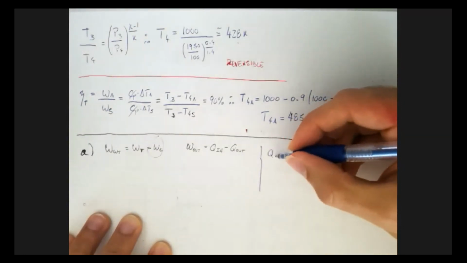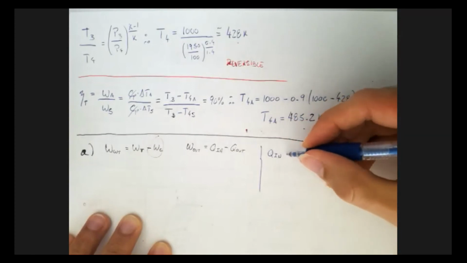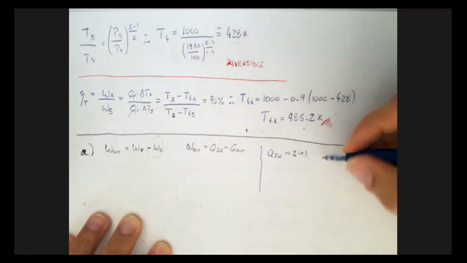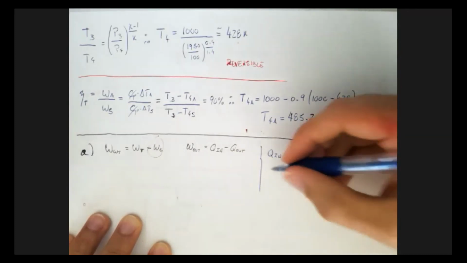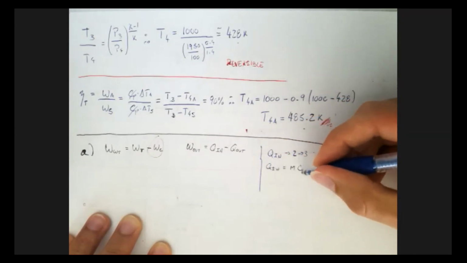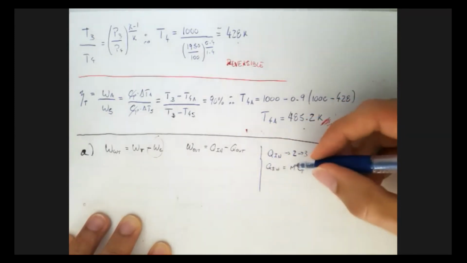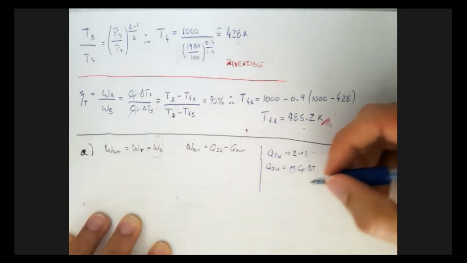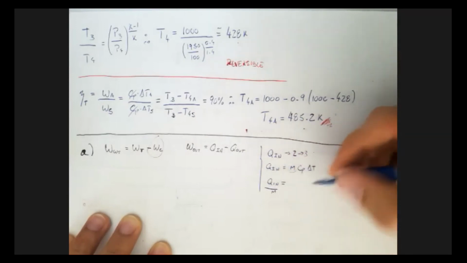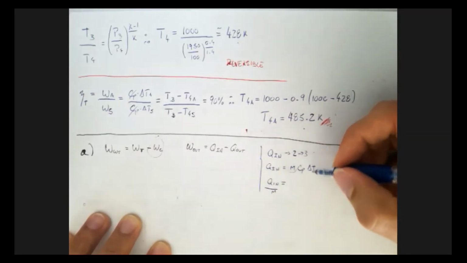So my Q in, like we said, we already have the information that we need, right? It's going from 2 to 3. So Q in is mass, Cp delta T. I don't have mass, so just send it dividing. So I'm going to have Q in over mass. That's going to be in kilojoules per kilogram. It's just going to be Cp times the difference in temperature.